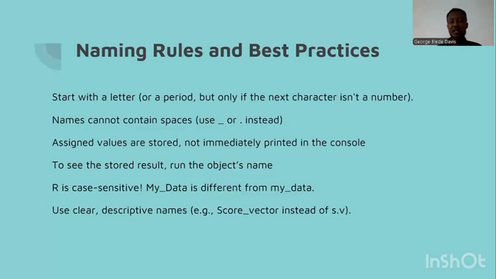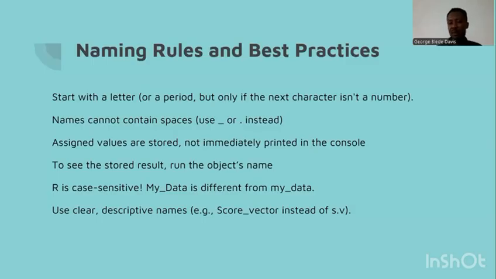We cannot leave spaces in between. If you assign a name to an object, you don't leave spaces in between. Like, my name is George Davis, and I want to name a particular object working with George Davis. So for both names, George and Davis, I have to combine them or separate them by using the underscore, or I use a period.